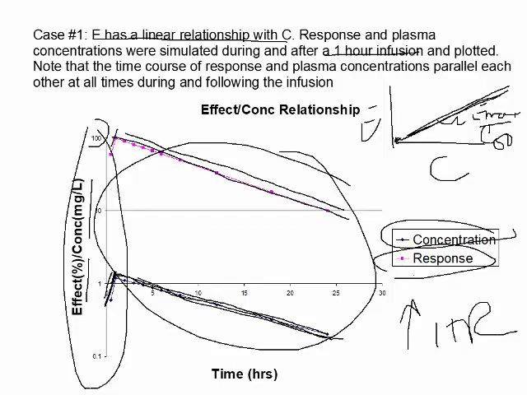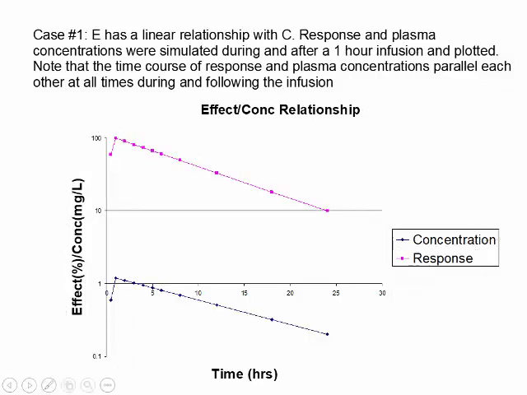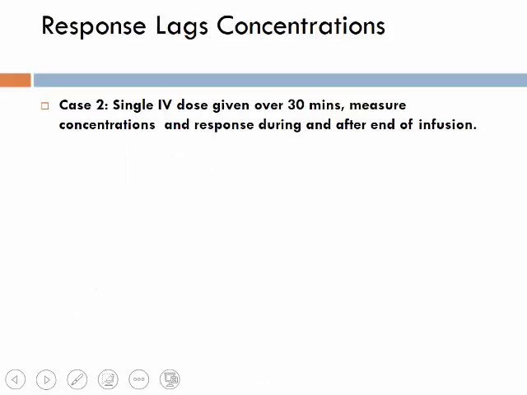Concentration goes up, effect goes up. As concentration falls, effect falls. It's a perfect linear relationship. This is what I think most people think happens all the time, but that is not, in fact, true.